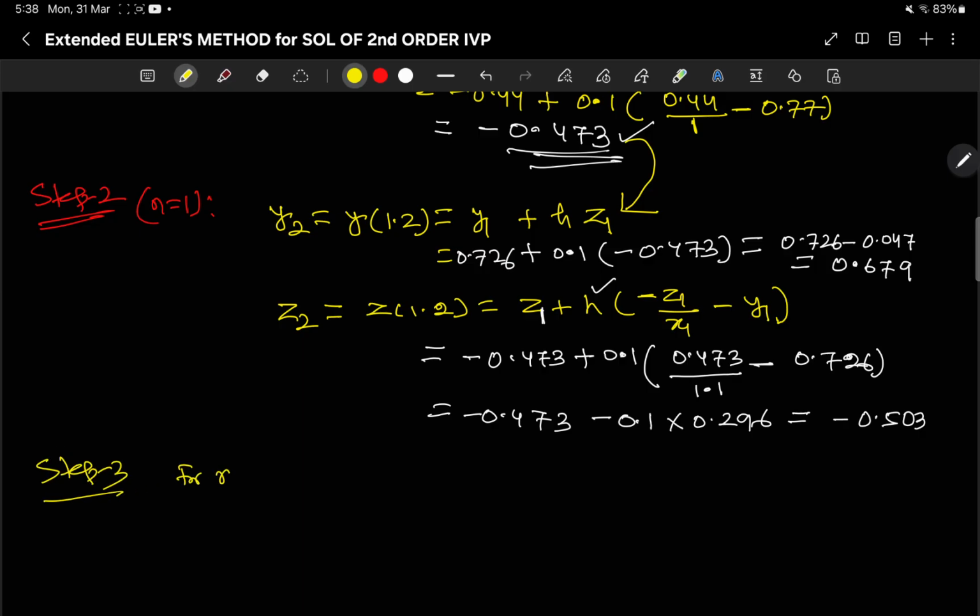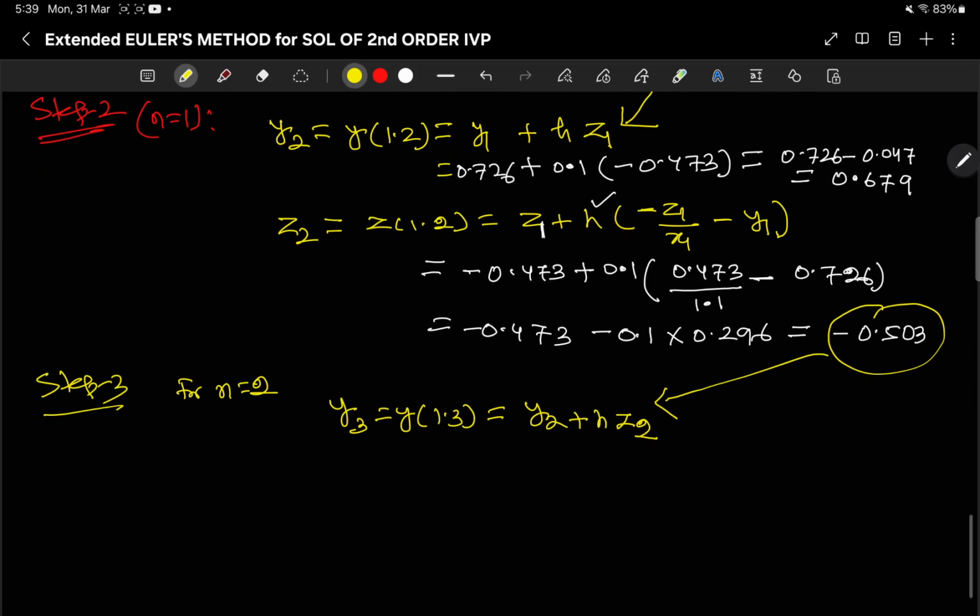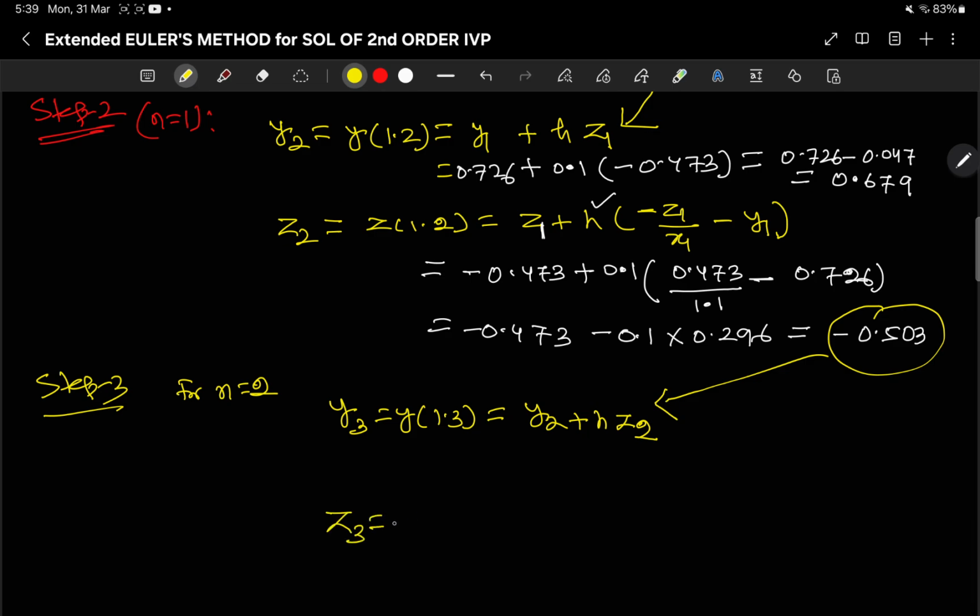Now in step 3, for n equal to 2, y3 is equal to y of 1.3. So this will be y2 plus h z2. So this z2 will be substituted here. Accordingly, z3 will be z of 1.3, and it will be z2 plus h times minus z2 by x2 minus y2.